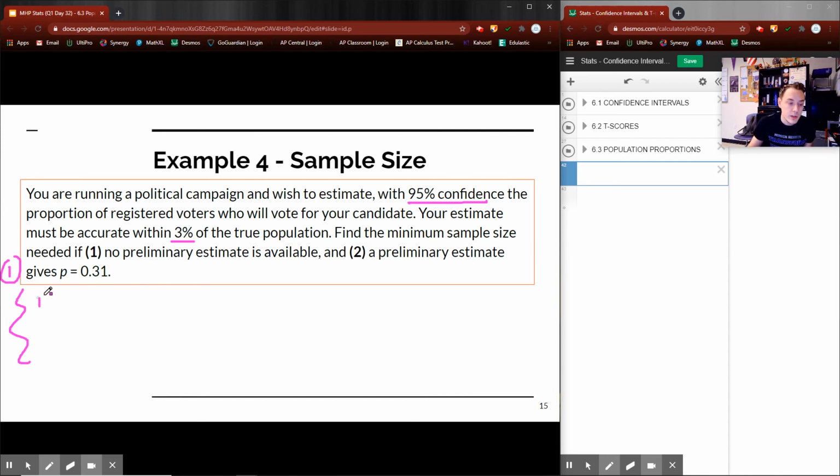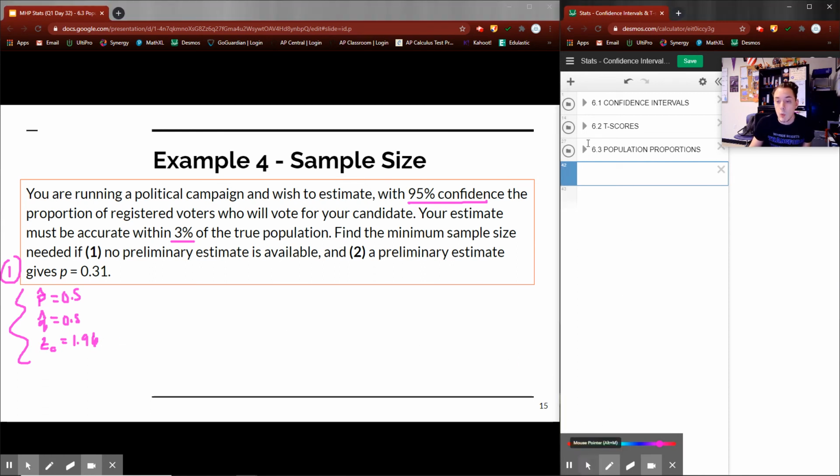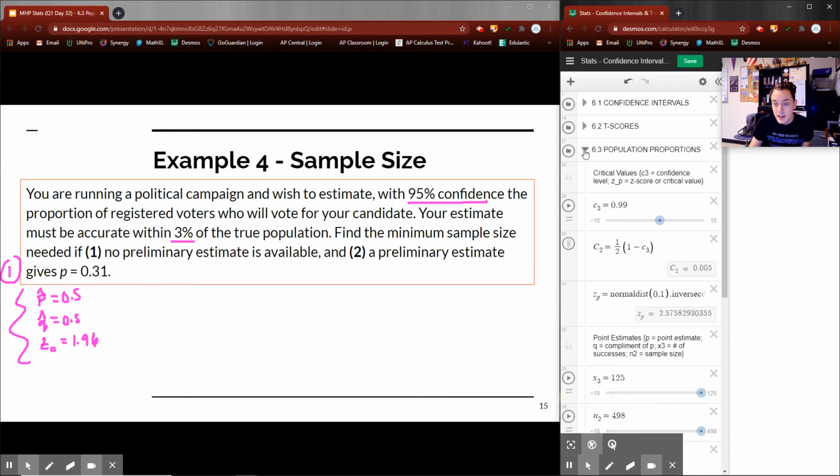So if there's no preliminary estimate available, that means I'm going to use 0.5 for both my q hat and my p hat. Okay. And then my Z-score, my critical value. What is that? Well, if I type in for my critical value of my confidence level of 95, I should get 1.96. How do I do that again? I'm just going to show you.